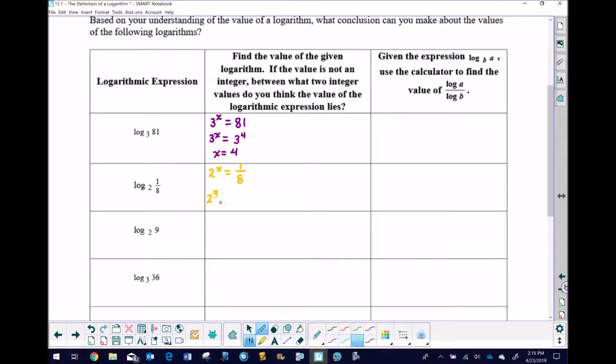So 1/8 is the same as what? 2 to the 3rd power, right? That's 8. But, oh, this 8's in the denominator, so I need to make that 3rd power a negative. Sorry, guys, this should be an x. Your teacher's dumb. That should be an x. Now that my bases match, they're both 2, I can set the exponents equal and get -3.